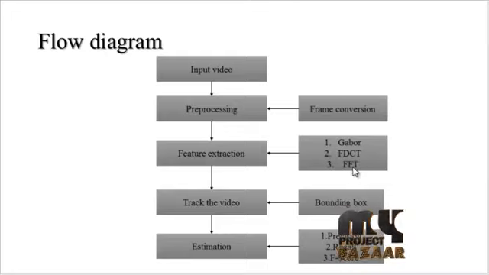Before the tracking, we go for the segmentation. In the segmentation part, the foreground and the background regions will be extracted separately. After this extraction, only the foreground region undergoes tracking. The tracking is done by using the bounding box, and the foreground region is indicated by this.